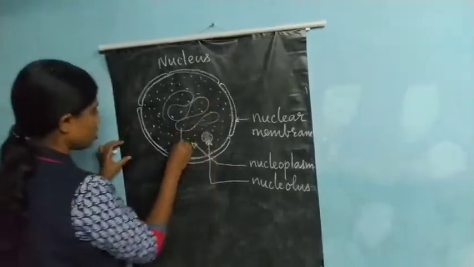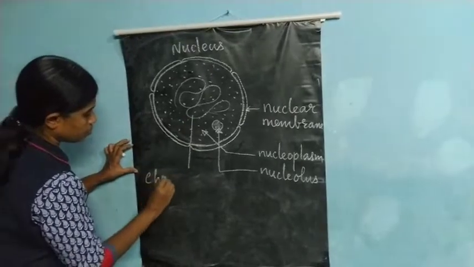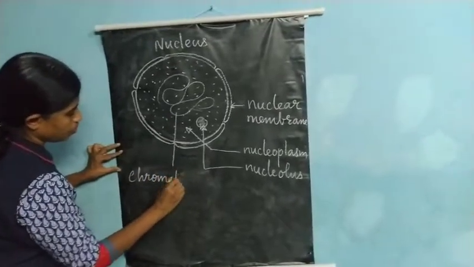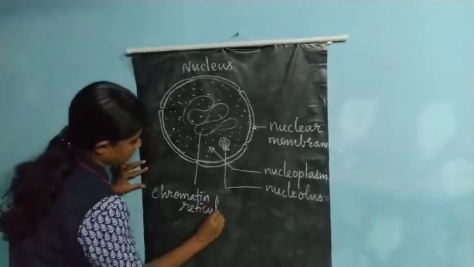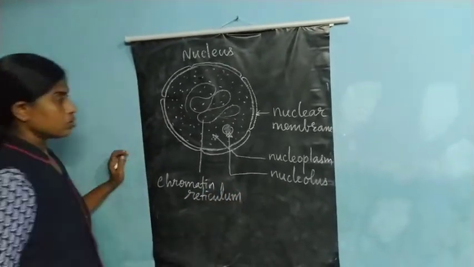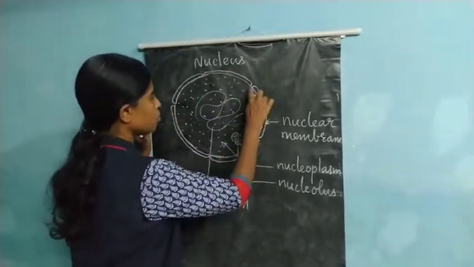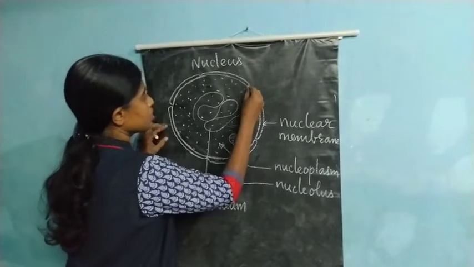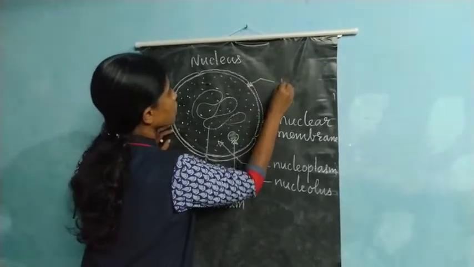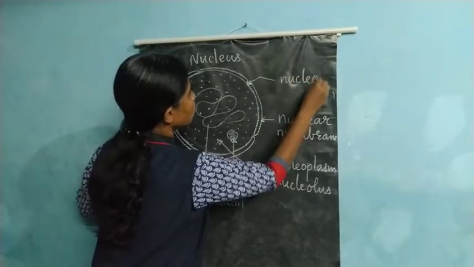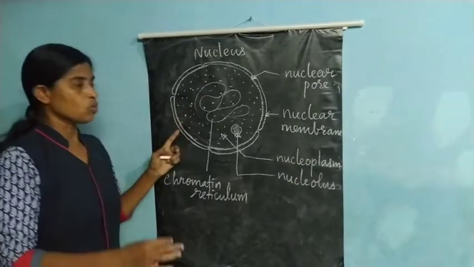This is called chromatin reticulum. And this nuclear membrane is double walled. In between you can find minute pores. These pores are called nuclear pores. Right. So this is the structure of nucleus.